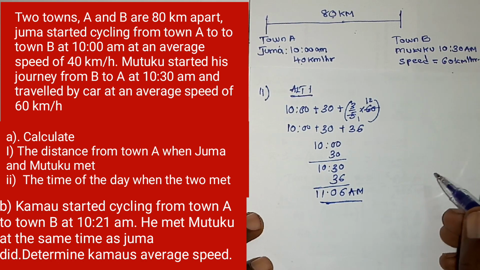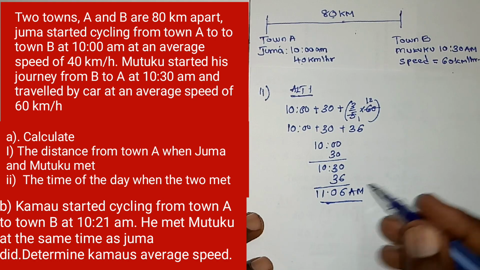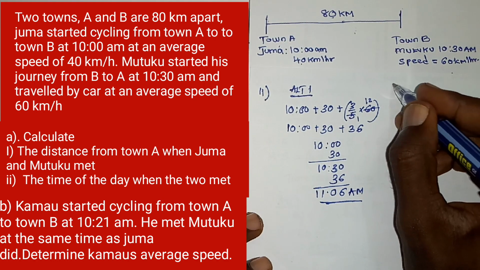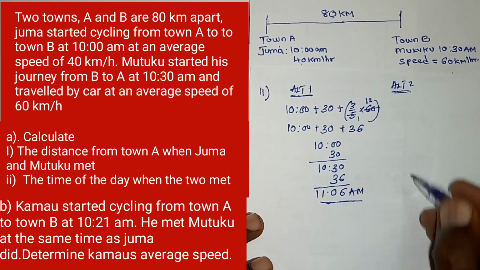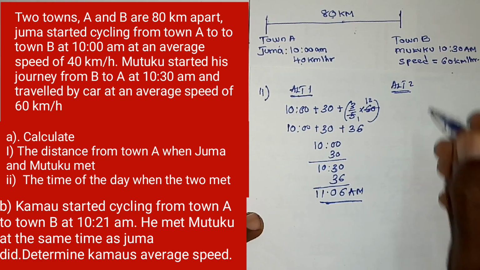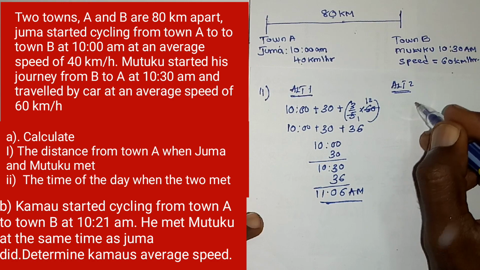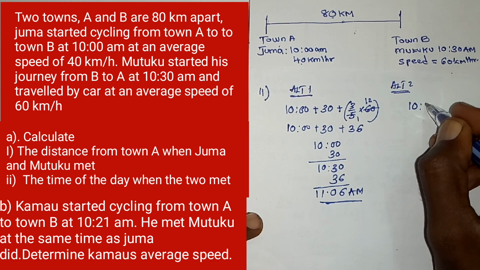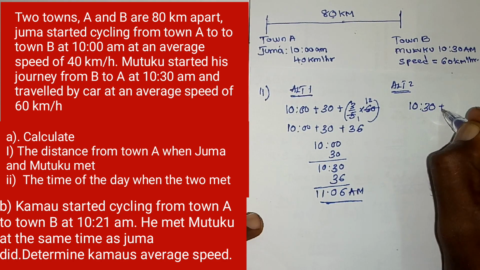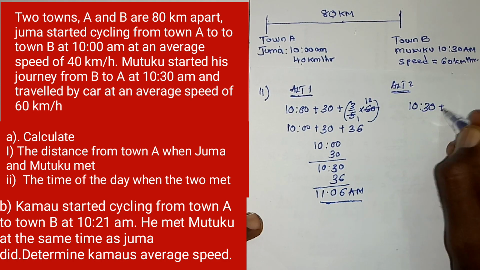You can get the same exact time by use of alternative 2. We take the time Mutuko started the journey, which is 10:30, plus the time taken to meet, which is 3/5 hours.